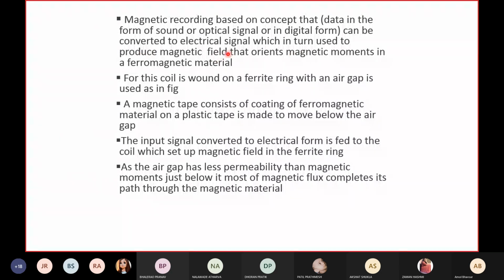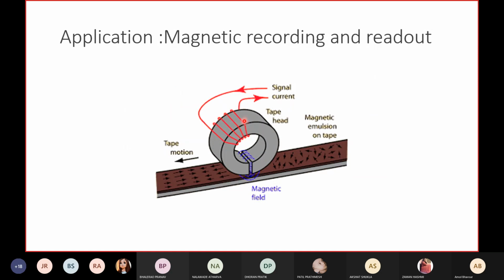Due to this magnetic field, what happens? It orients the magnetic moment in a ferromagnetic material. For this, a coil is wound on a ferrite ring with an air gap as shown in the figure. This is the ferrite ring, and this is the wire wound here. The electrical signal generates a magnetic field on this ferrite magnet.